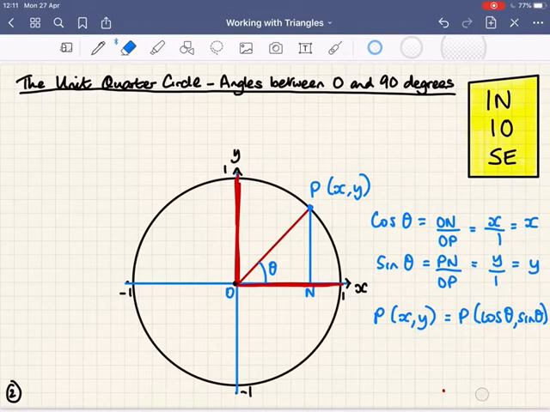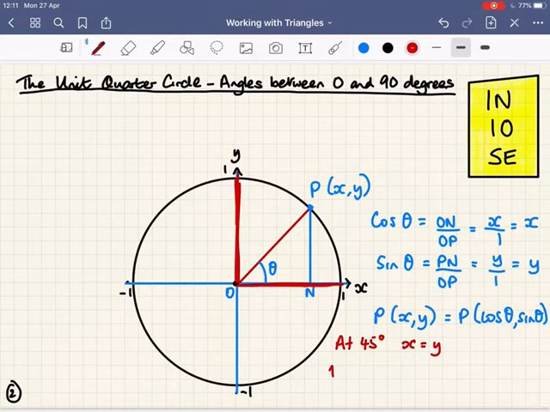If I take the example we were working with in the earlier video of 45 degrees, so theta is equal to 45 degrees, I've created an isosceles triangle. My sides NP and ON are the same, so x is equal to y. I know that my hypotenuse of 1 squared must equal x squared plus y squared.